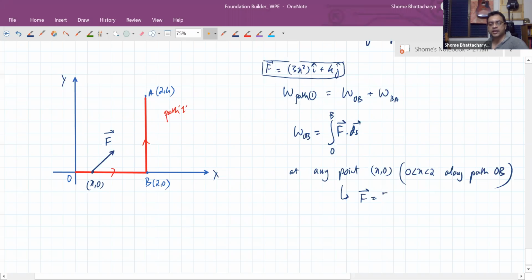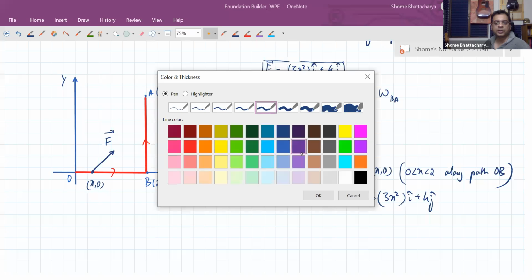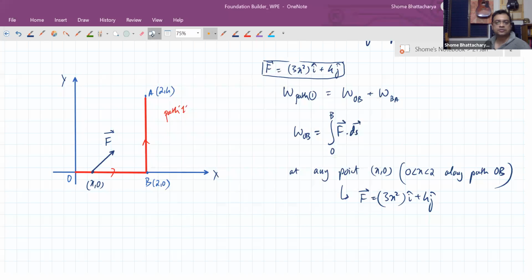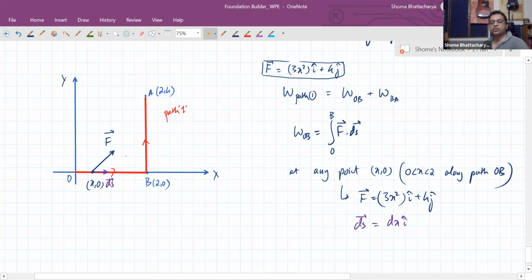I will substitute x for x and 0 for y. More importantly, the particle is moving along the x-axis only. So the differential displacement ds will be a vector that just has an x component. It will not have a y component because it's moving along the path OB.